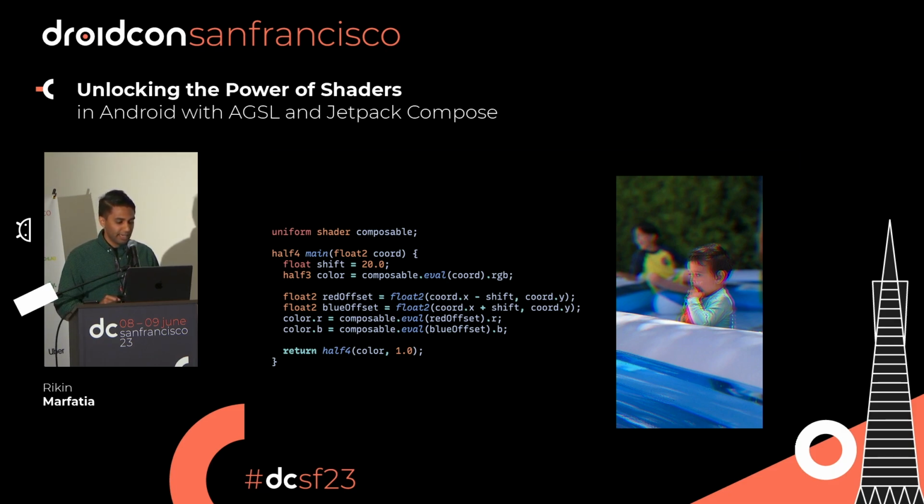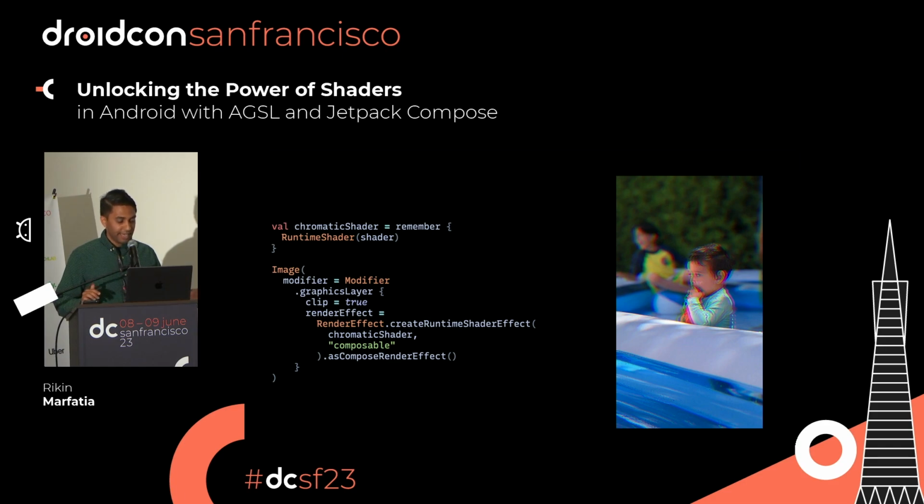Then I'm calculating two offsets across the x-axis. For red, I'm subtracting that shift from the x-coordinate, and for blue, I'm adding that shift to the x-coordinate. Then I'm updating the red and blue color channels, returning that color, and now we have that effect.